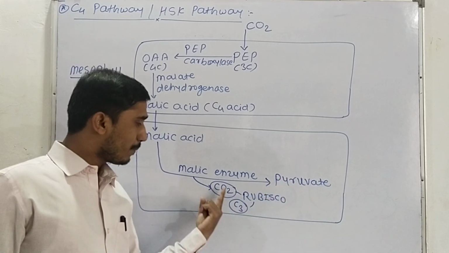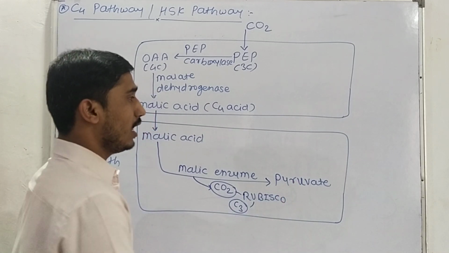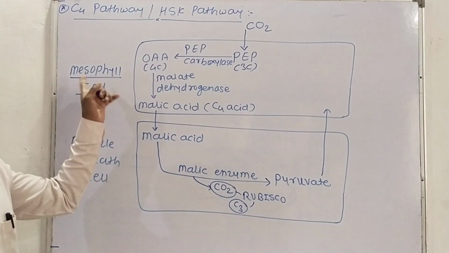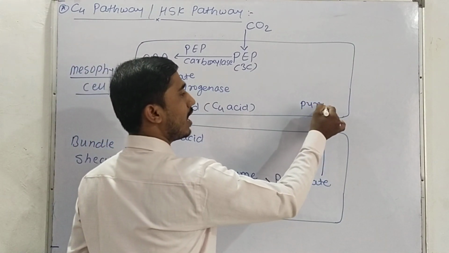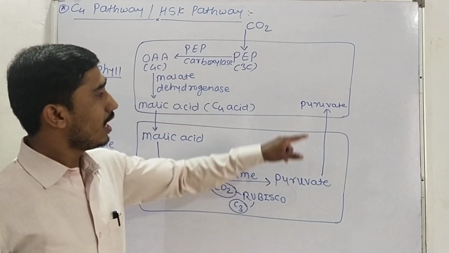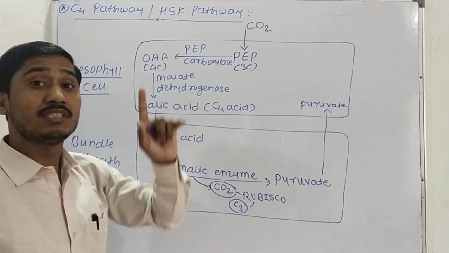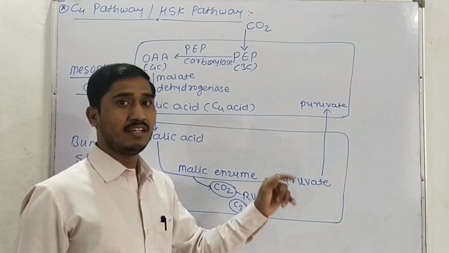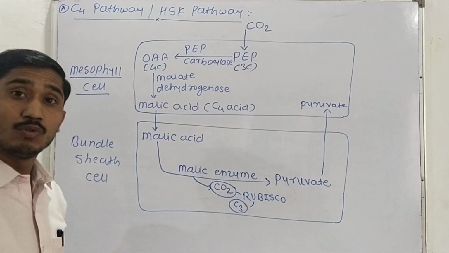After decarboxylation, the pyruvic acid produced is transported back to the mesophyll cell once again. Why does this pyruvate come to the mesophyll cell? The answer is that pyruvate is converted into PEP. That means there is a regeneration of PEP for accepting the next CO2 molecule.